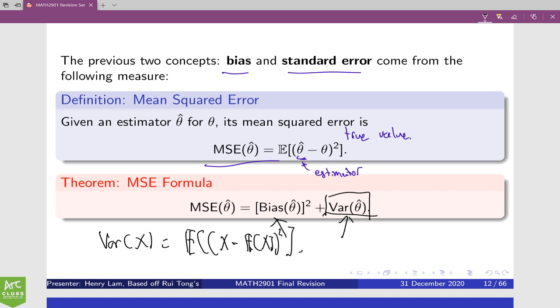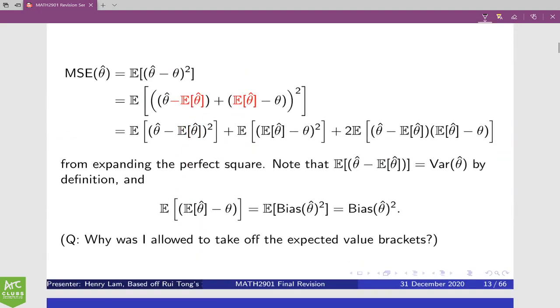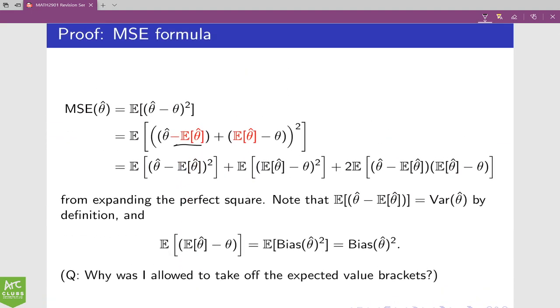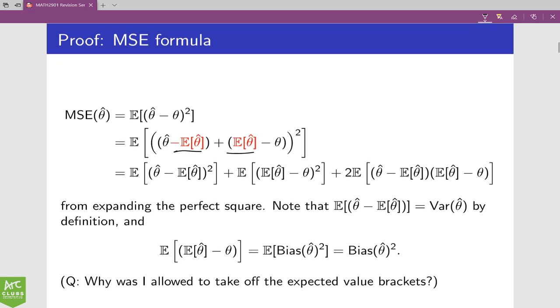You know it's in this form. And then if you look at this, this is sigma hat, so you need to introduce a minus the expected value of sigma hat in there somehow. Because if you plus and minus it, you'll eventually get this thing. That's what they do in the proof here. We plus and minus the thing we need. Right, standard technique in mathematics.